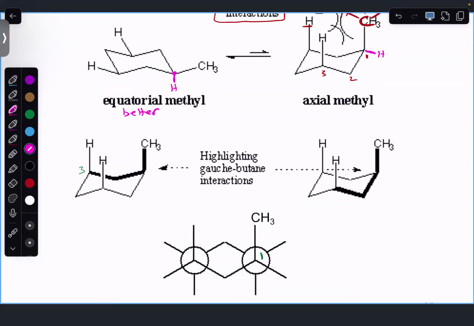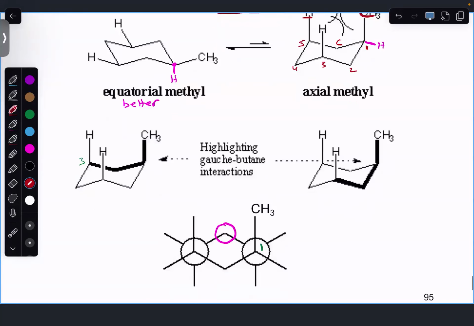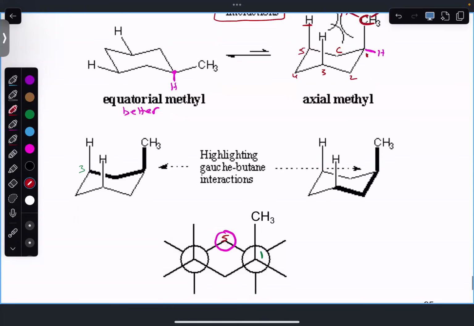Have a look at that ring carbon. That would be 1 carbon away from the C1 as I've numbered it. So if we continue numbering this, that would be carbon 5 as I've labeled it.